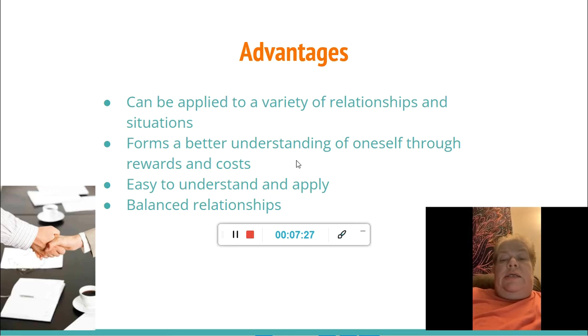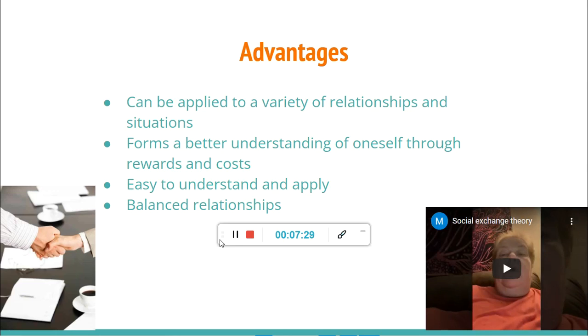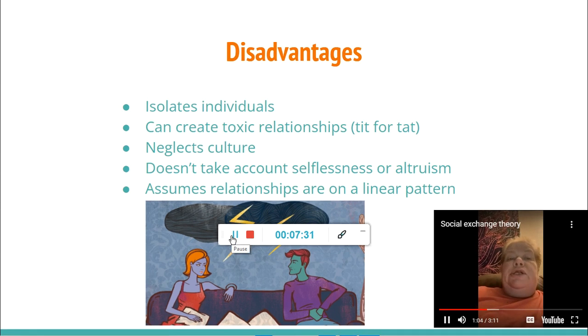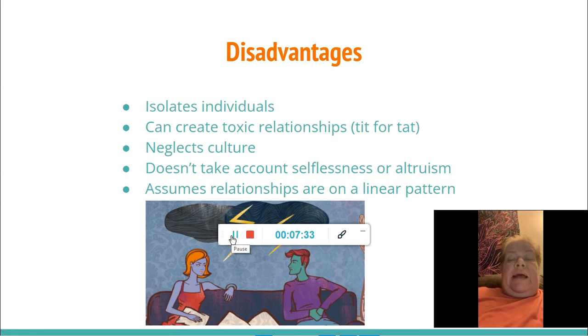There are cons. Relationships can become a tit for tat of costs and rewards, which would be highly toxic and dysfunctional. The theory doesn't account for or address selflessness or altruism.